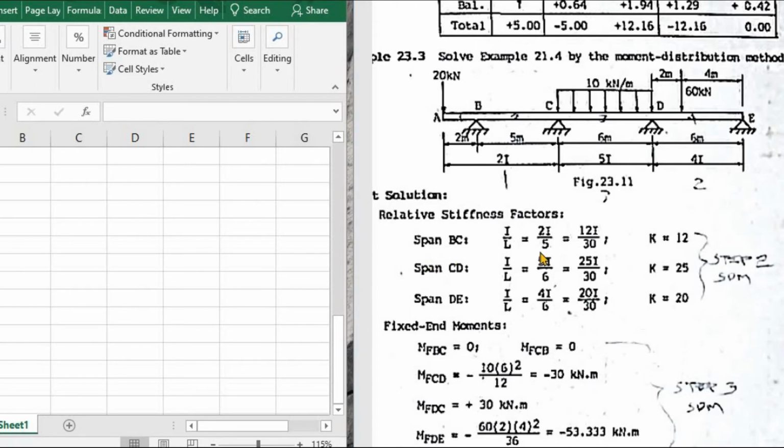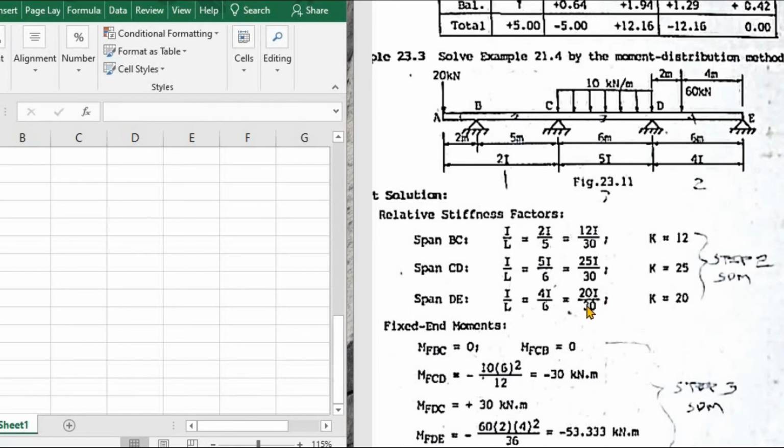If in case hindi mo alam kung paano kunin tong numerator na 12, 25, tsaka 20, that is simply 30 divided by 6 times 4. Okay, ito. 30 divided by 6 times 5 will give you 25. 30 divided by 5 will give you 6 times 2 will give you 12. Ngayon, yung mga numerator niyan ang relative stiffness factors K.